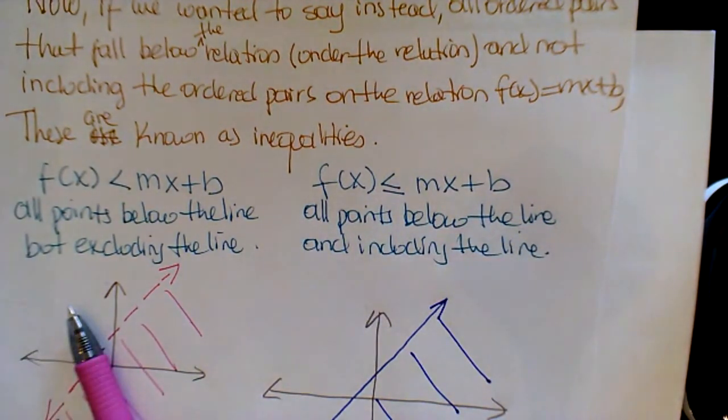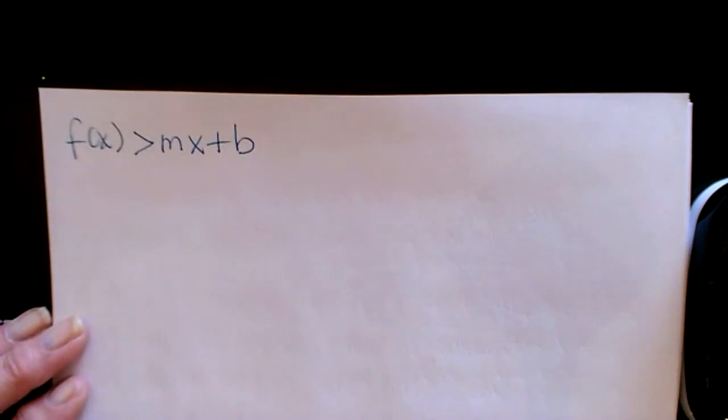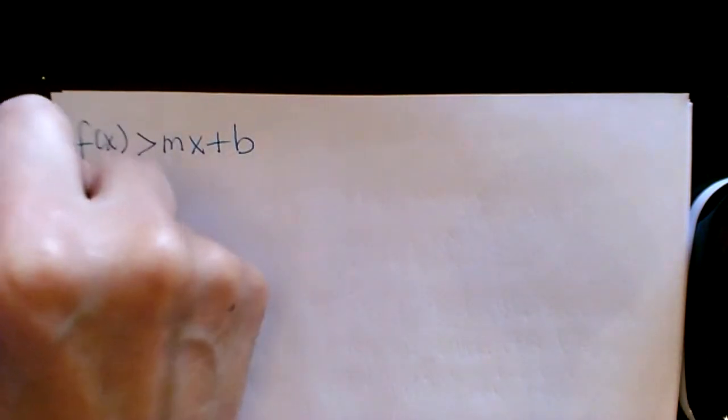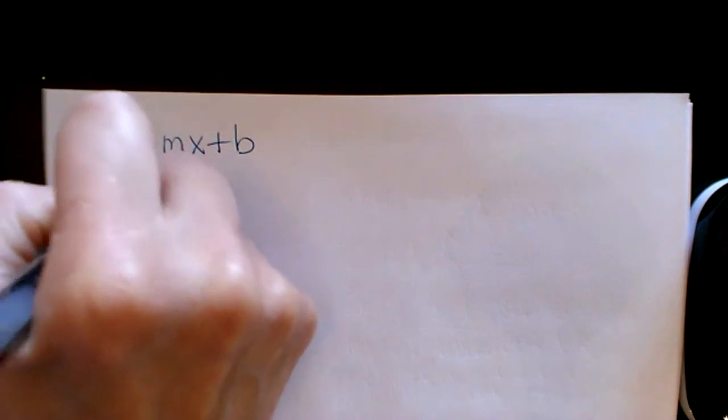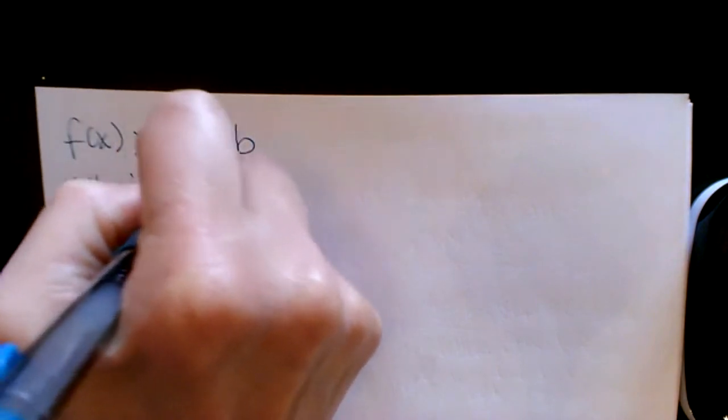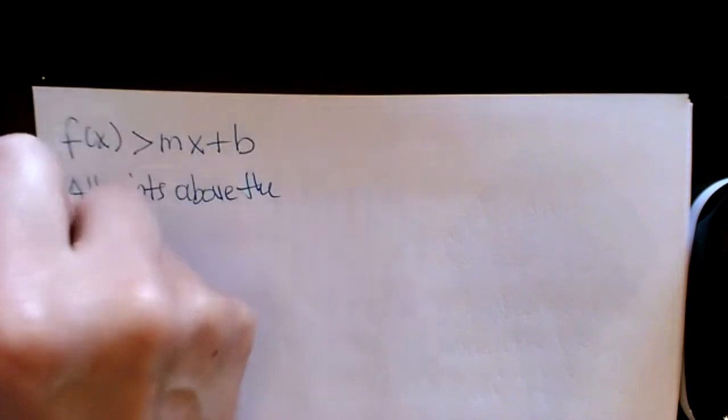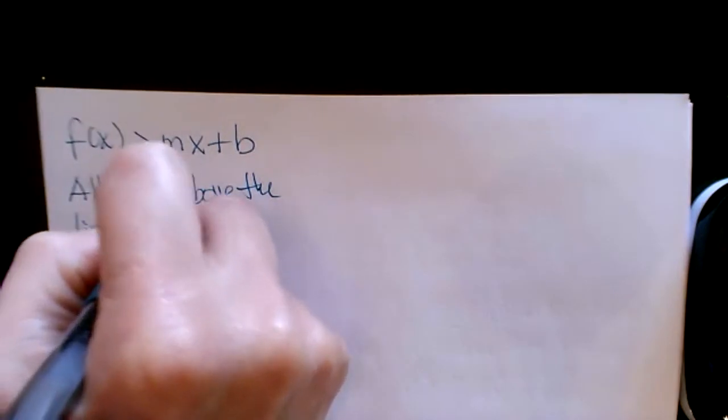Now, the next one, when we have f of x greater than mx plus b. So it's all points above the line, but excluding the line.